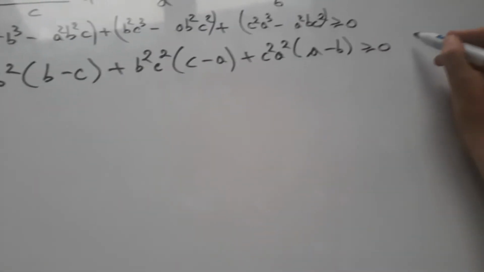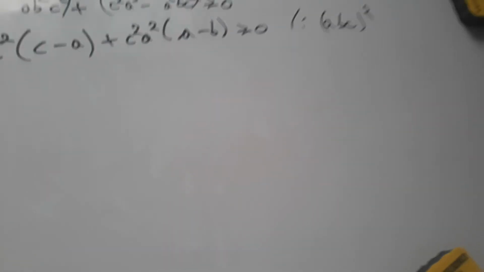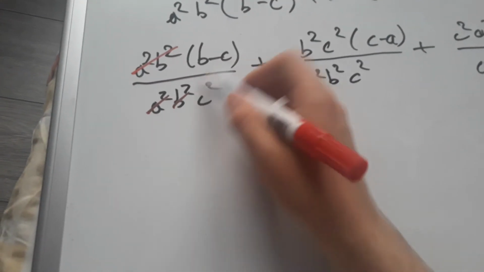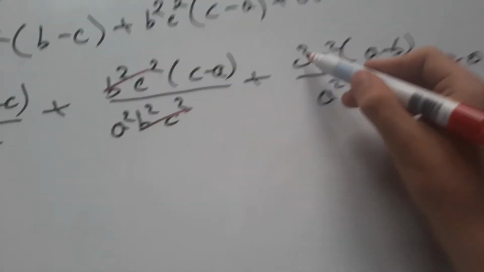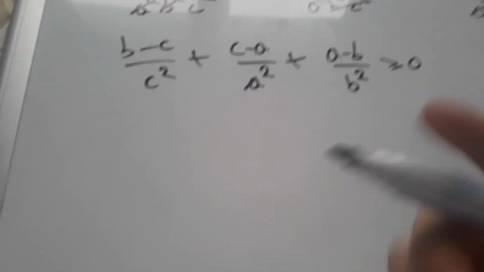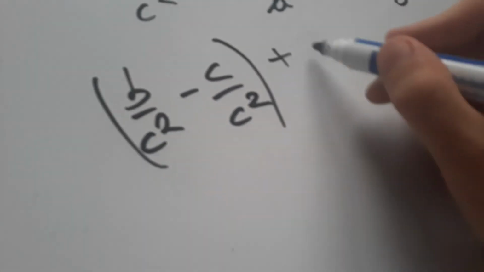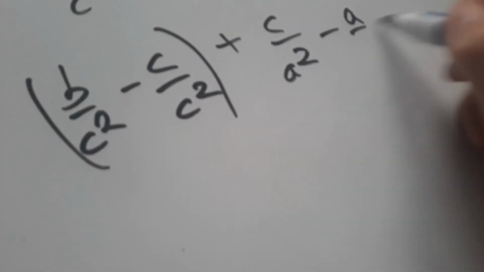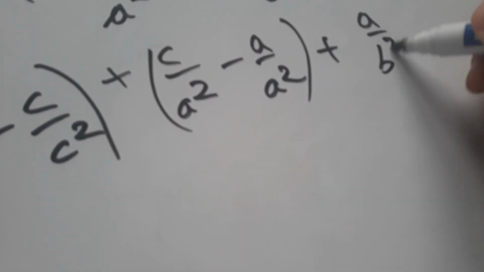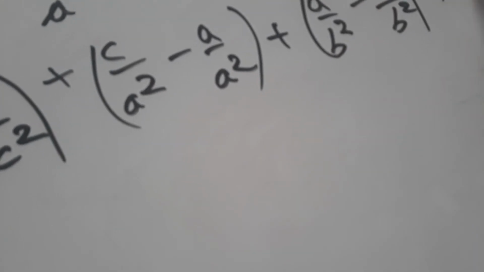I have an idea. Let's divide this by (abc) squared. Now we can simplify this with this one, with this one, and finally here. So we have, now we can decompose these fractions. So we have this fraction equal with this, and then plus c over a² minus a over a², and then plus a over b² minus b over b², which is greater than or equal to 0.